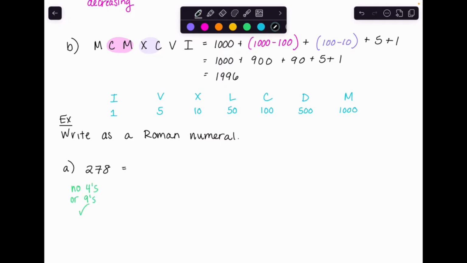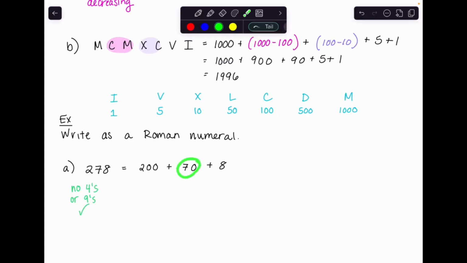So instead, what I'm going to have to do is break this down based on these values. So it'll make sense to start just by splitting it with placeholders. I've got 200, I've got 70, and then I've got 8. 200 I can do, that's 2 100s.